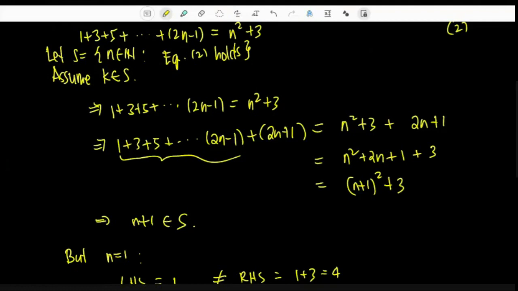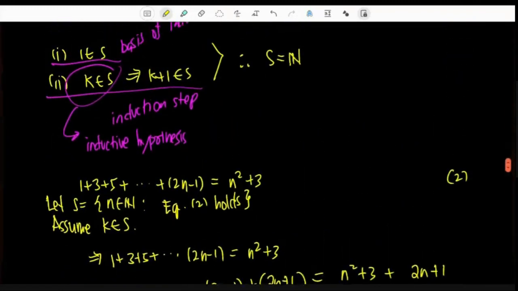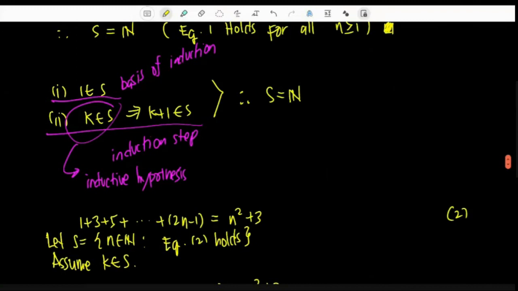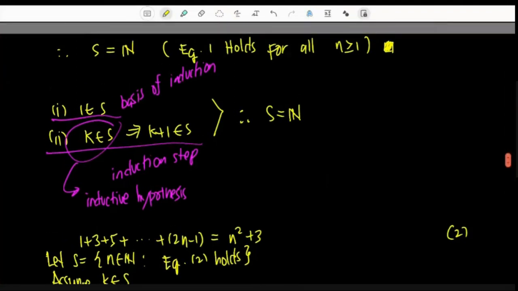So induction involves two things. You prove the basis of induction and then you prove the induction step. Whenever the two are true, then we can always assume that the property holds for all natural numbers n greater than or equal to 1.